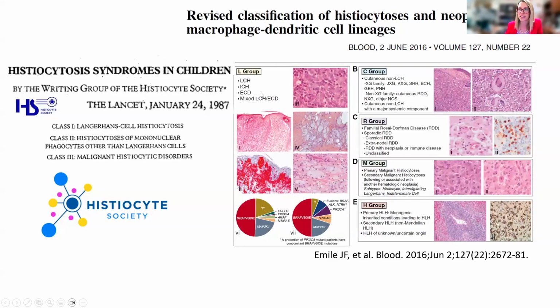But as was discussed, this understanding of the L group is really important because while we know that LCH is more of this dendritic and ECD is more macrophage-ish, they share a common mutation. And we'll see that, in adults, we can have mixed histiocytosis, but it's probably a little bit more common in pediatrics than we fully realize of this spectrum, specifically in BRAF mutated cases.